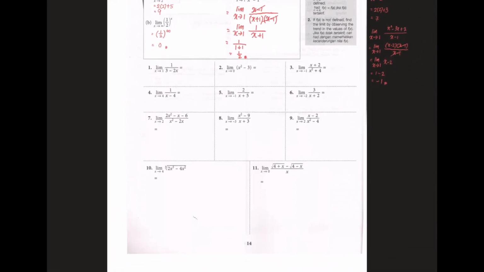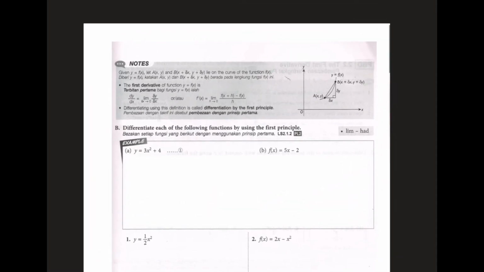Now let's move on. We will practice the question here later. Let's look at the next page. On the next page, just now at the beginning of the chapter, I said differentiation is changing y to dy dx.